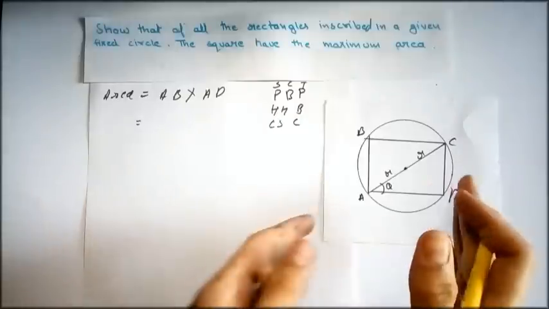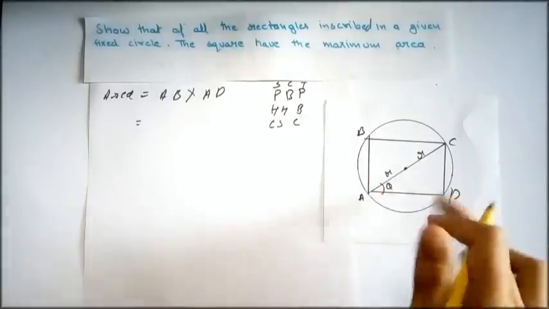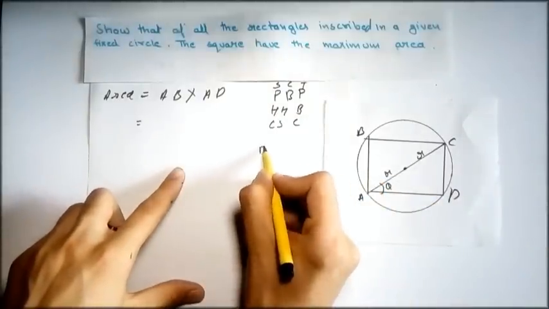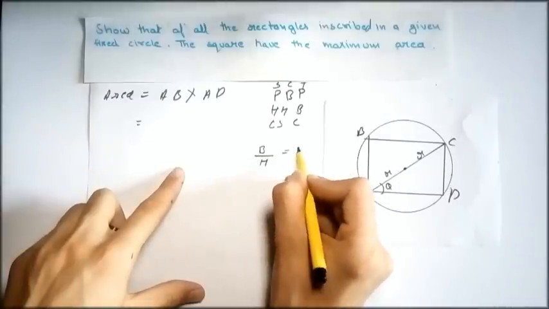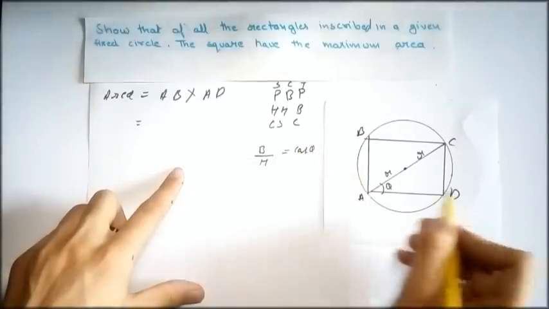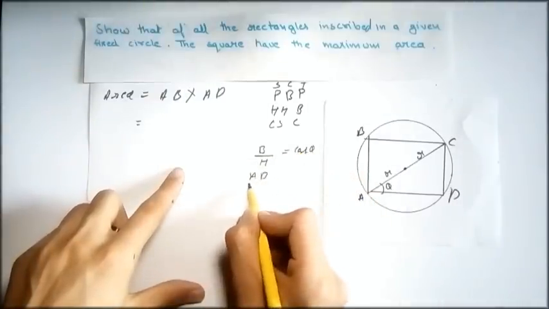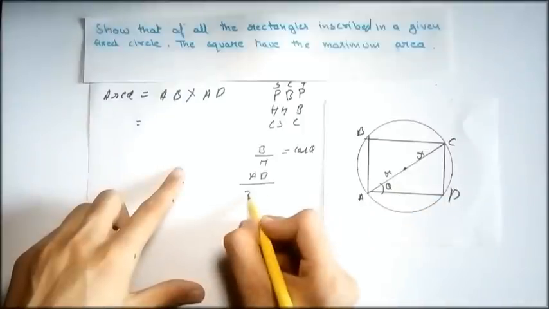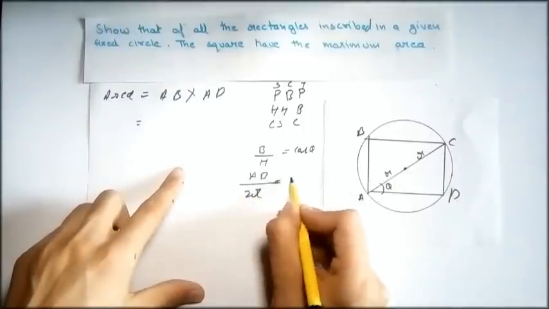So in this we can take cos theta to find the base. Base upon hypotenuse is equal to cos theta. Base is AD and hypotenuse is 2r, that is r plus r, is cos theta.